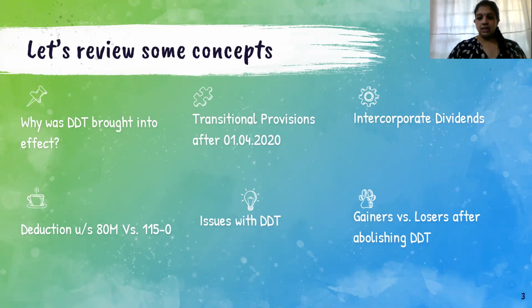Issues with DDT, and finally gainers versus losers after abolishing DDT, as in the list of people who will be paying less tax with DDT being abolished as versus the people who will be paying more taxes.